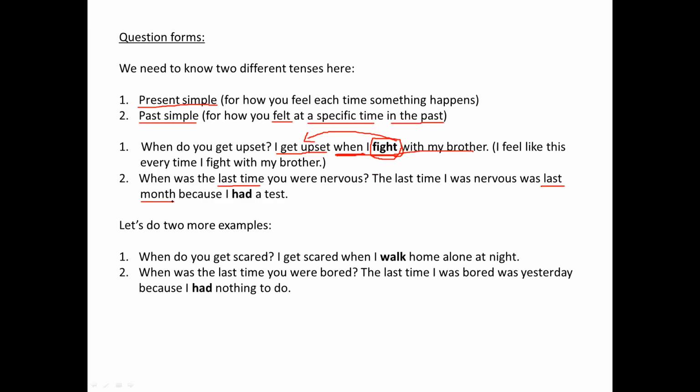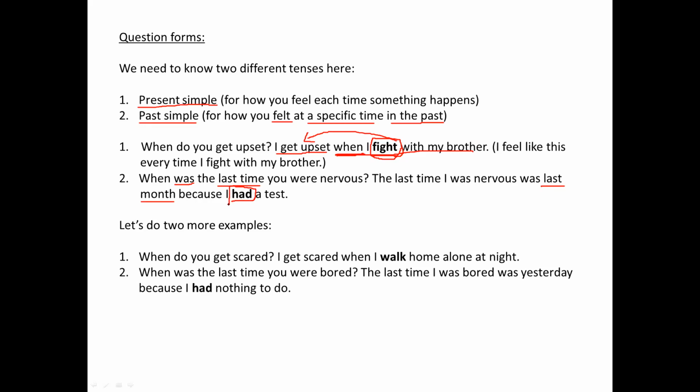You could change it: yesterday, 2 days ago, 3 days ago, 4 days ago, last summer. The question is a past question, was, so you need your verb to be past, or past simple in this case, had.